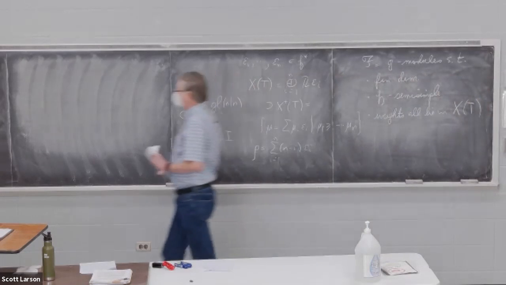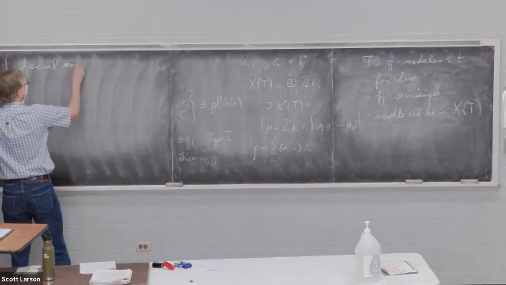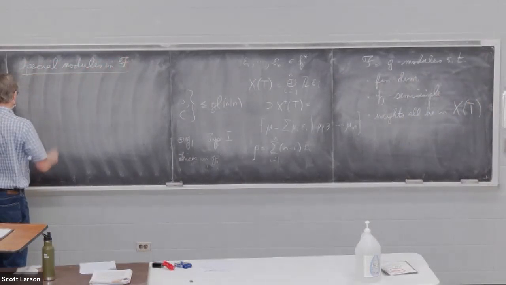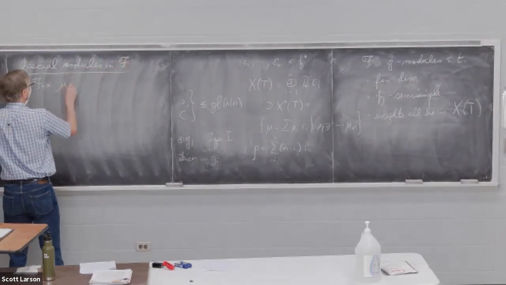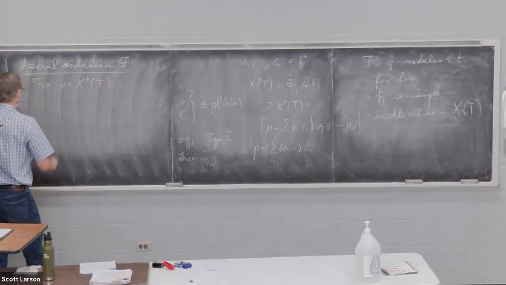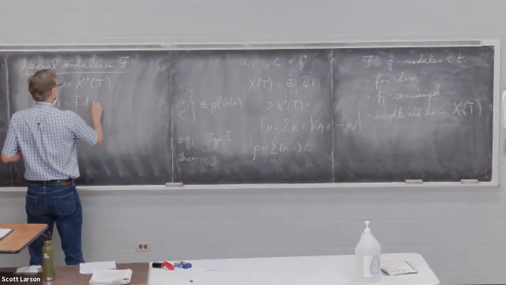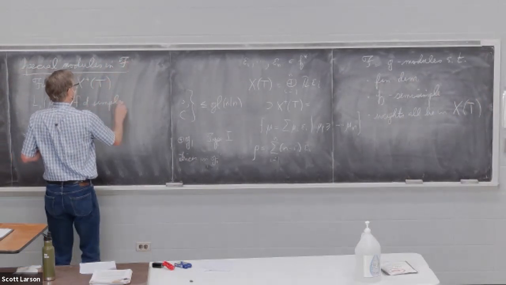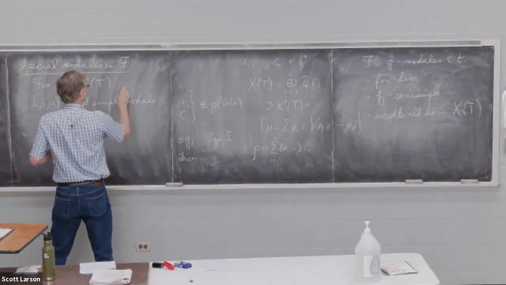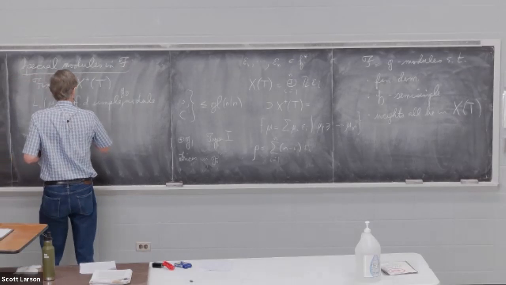So let me tell you about some special interesting modules in this category. We fix a dominant integral weight mu, and let L0 of mu be the finite dimensional simple module for P0, which is just GLN, remember, of highest weight mu.